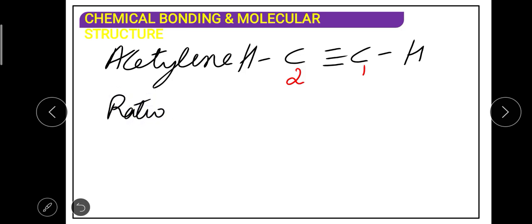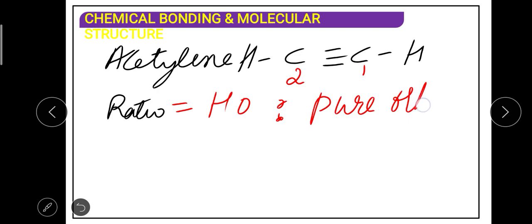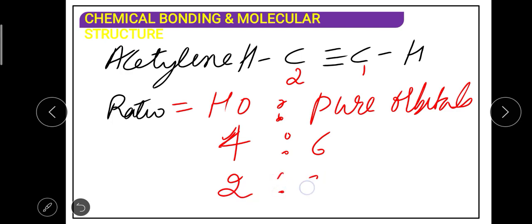I'll take the other color. Ratio of hybrid orbitals to pure orbitals: 4 hybrid orbitals and 6 pure orbitals. So the simple ratio will be 2:3.